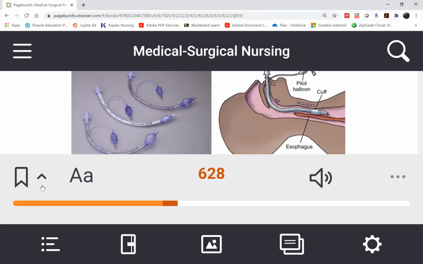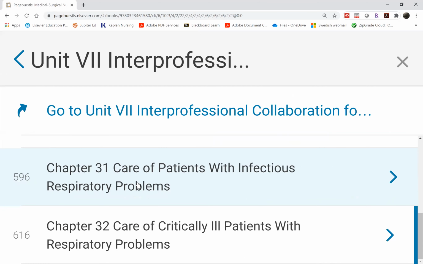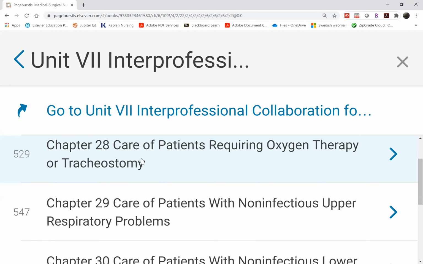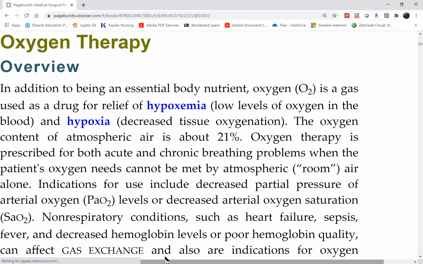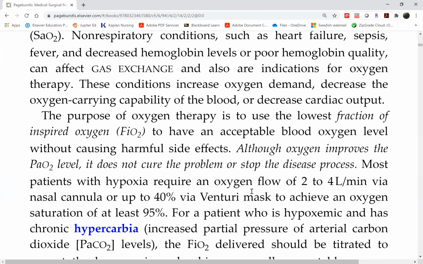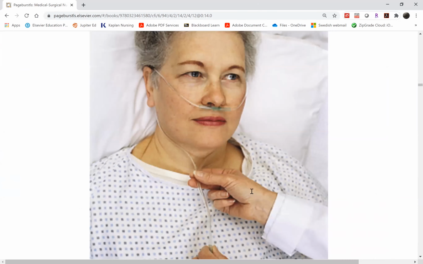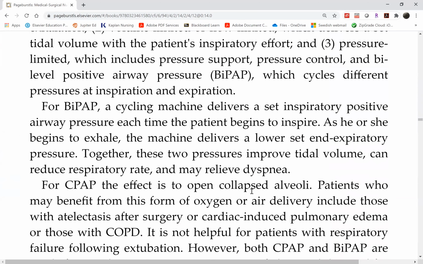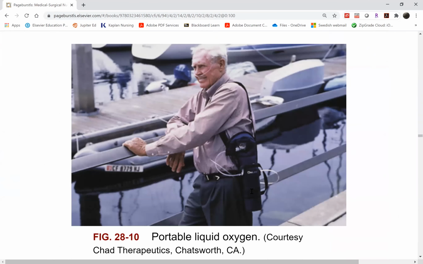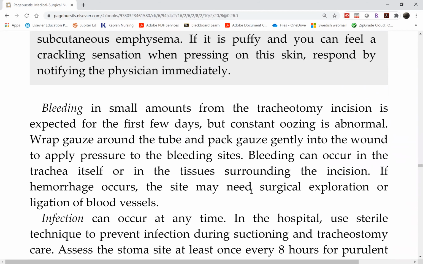I'll go back to chapter 28. Sorry, I forgot the page.